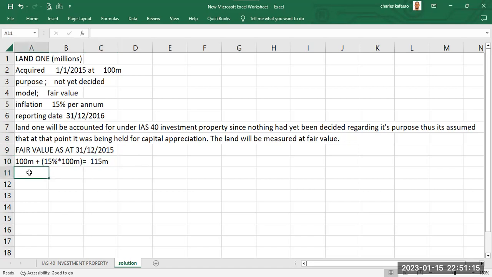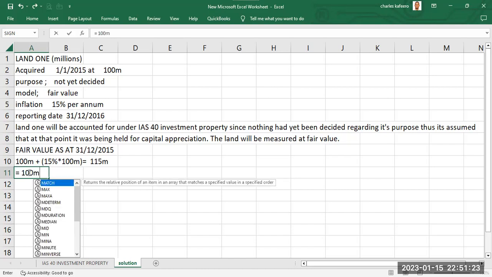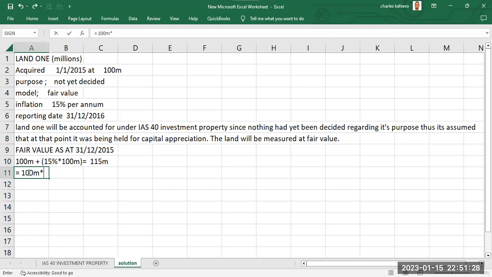Another person here could say that this will be equal to 100 million. Then you just multiply by 1.15, which is the same as 100 plus 15, that is 115 over 100. If you multiply by that, you'll be getting the same answer as that.